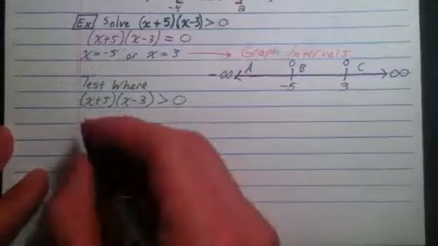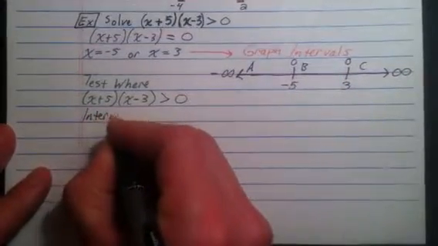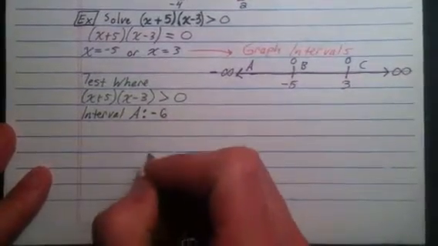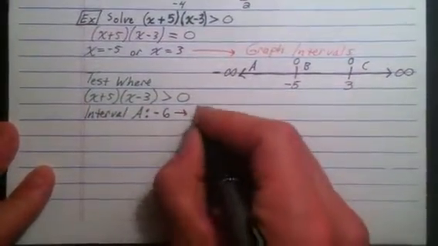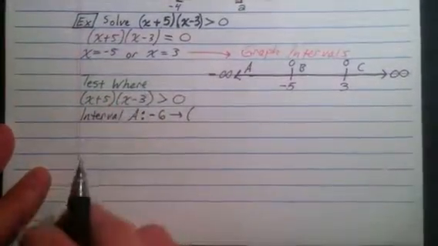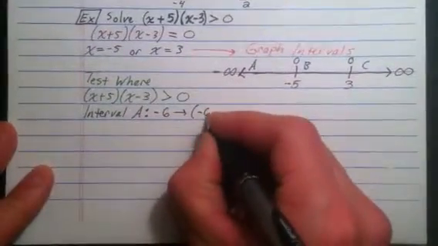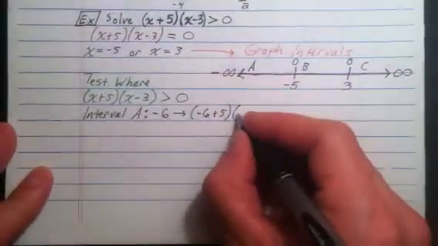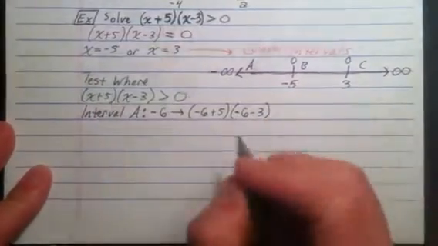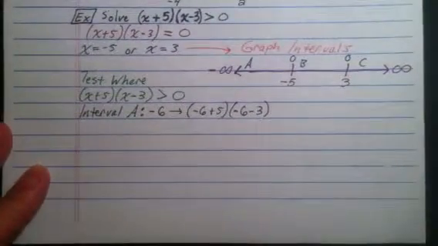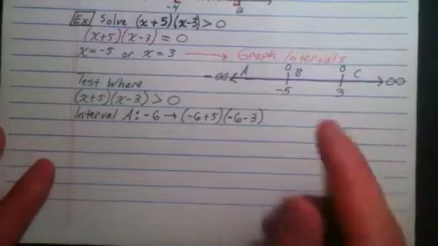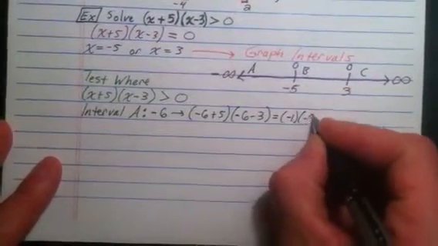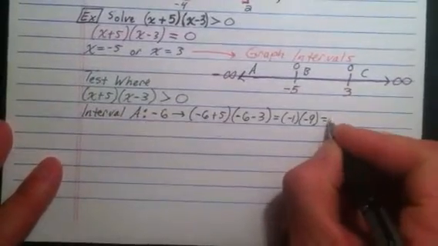We plug negative 6 into this inequality for x. In the first parentheses, we'll have negative 6 plus 5. Second parentheses, negative 6 minus 3. If you multiply that out, that gives us negative 1 times negative 9, which is positive 9.